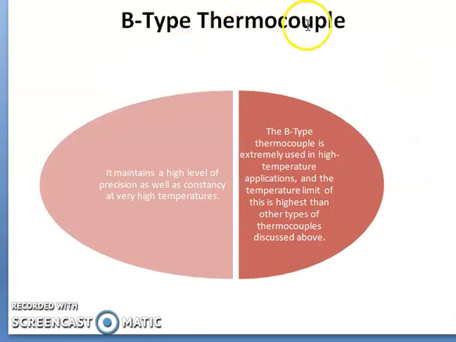And coming to the B-type thermocouple, it maintains a high level of precision as well as stability at very high temperature. The B-type thermocouple is extensively used for high temperature applications and its temperature limit is the highest of the other types of thermocouple discussed above.